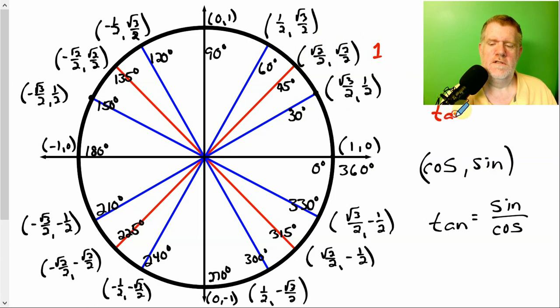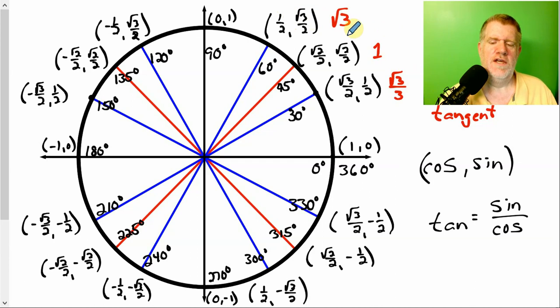Alright, so I'm going to put the tangents in red. I'm not going to do them all for you. I'm going to have you fill these out as well. Alright, sine over cosine. What's the square root of 3 over 2 over 1/2? Well, it's the square root of 3. Now, if you remember from the lesson we did the other day, this is what the tangents equaled.